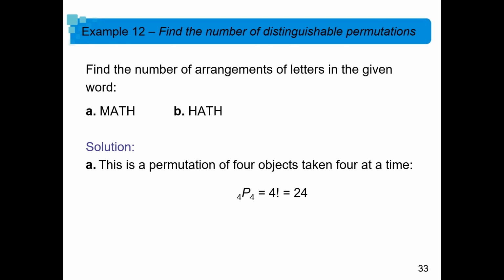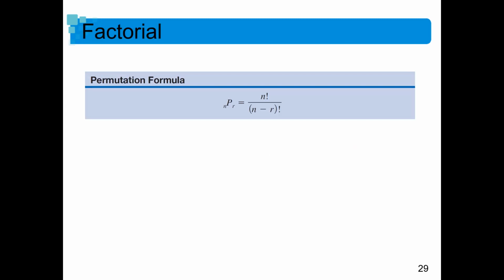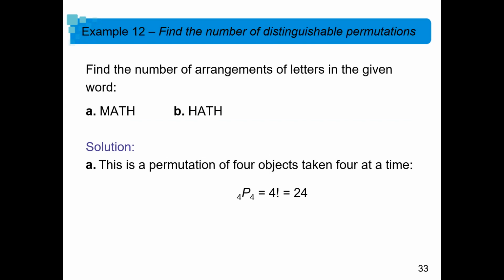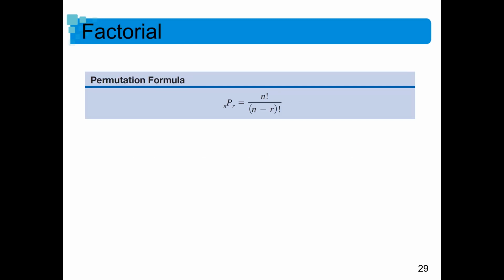If we use the formula that we learned, it is n factorial over n minus r factorial. So in the case of MATH, our n here is 4, but our r is also 4, right? So what happens to the denominator is 4 minus 4 equals 0. So in the denominator, it becomes 0 factorial.